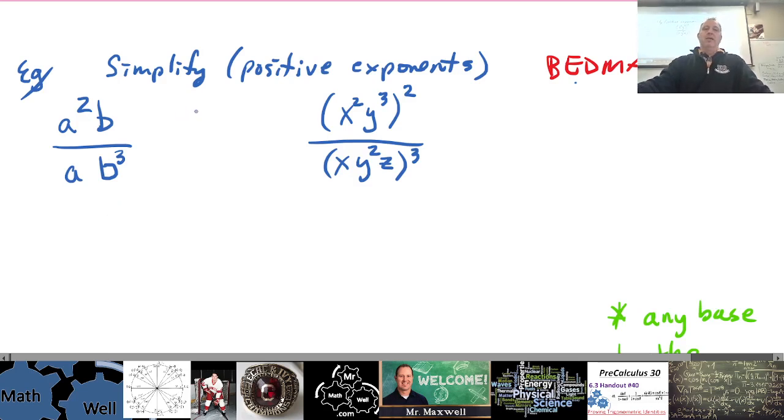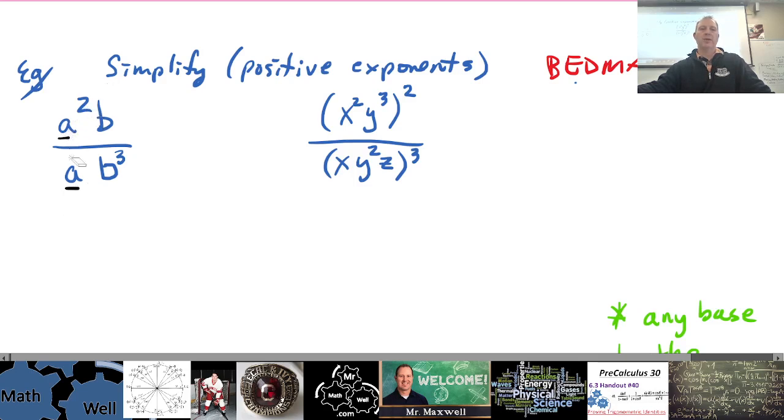Okay, so simplify. All right, so it appears that we have a quotient here, right? So let's take a look at the first one. If we were to divide this out, what we would do is focus on the factors in the top, which is I have a and I have b, and on the bottom, and I would focus on the common factors.